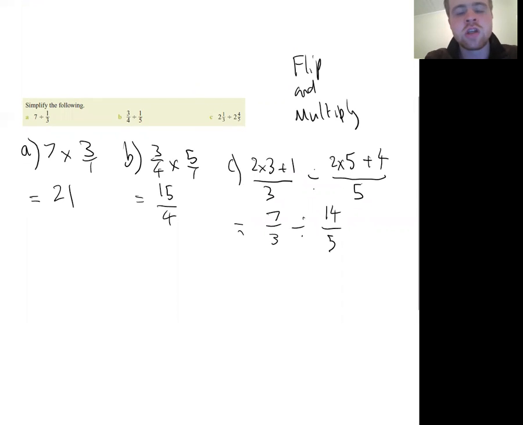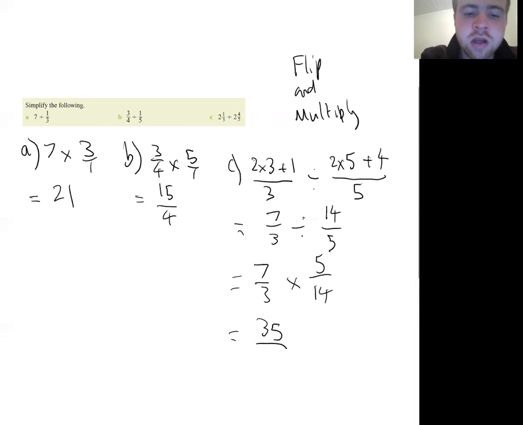We're now going to flip the second fraction and multiply. So it becomes 7 over 3 times 5 over 14. And then 7 times 5 is going to be 35. 3 times 14, okay, is going to be 3 times 10, which is 30, plus 3 times 4, which is 12.